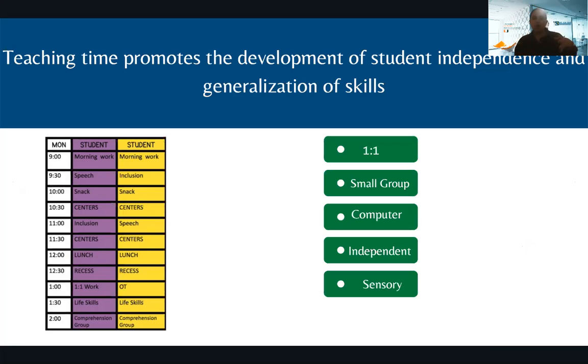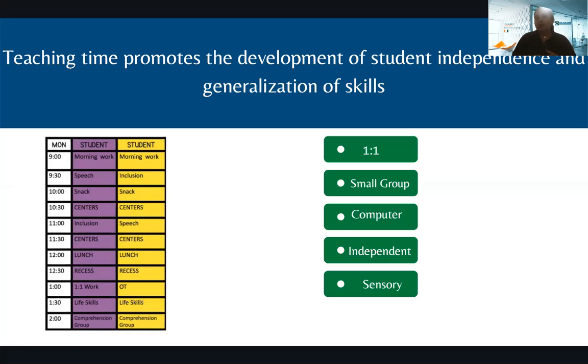You could do a whole group activity where you teach a lesson geared to the gen ed curriculum, so that everybody, even the students on modified, at least has some exposure to that gen ed curriculum. But when you break them up, you can do small groups for the students on gen ed together, and the students on modified together, and address those curricular needs that way.